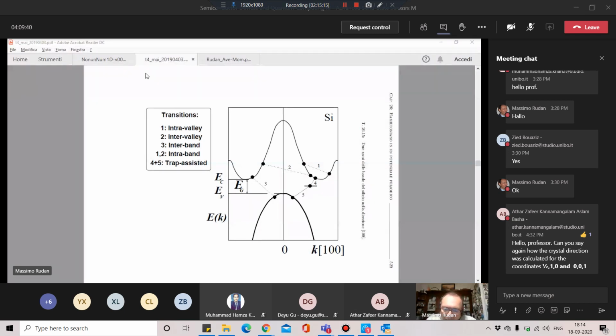You remember the symbols: the origin is called the gamma point. If we go along the 100 direction, you go to the X point, right and left, and those are the two points where the Brillouin zone has the boundary. So you stay between these two points if you want to consider, for instance, the direction 100.